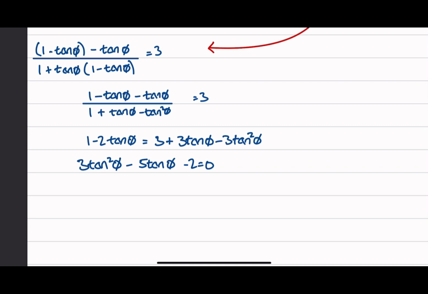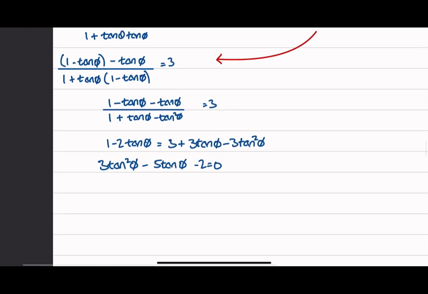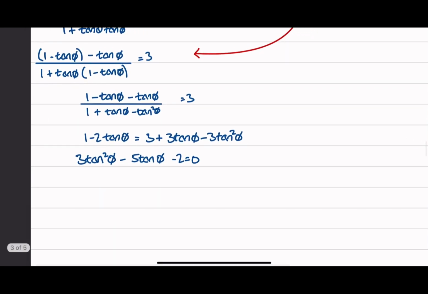We can use middle term breaking over here, so there's no need for the quadratic formula. We can break minus 5 into minus 6 and plus 1. So we're left with 3 tan squared phi minus 6 tan phi plus tan phi minus 2 equals 0.